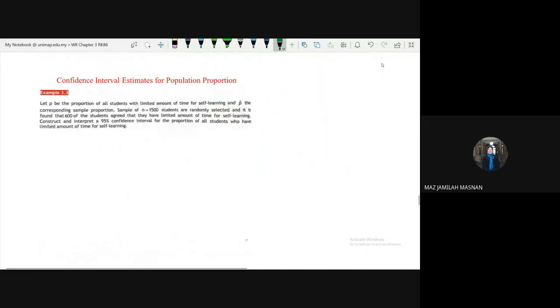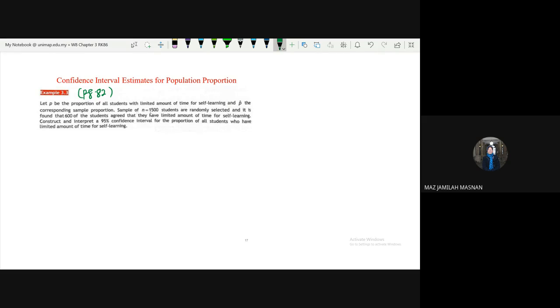Now let us look at the first example. The first example on page 3.3 is on page 82. Let p be the proportion of all students with limited amount of time for self-learning, and p hat the corresponding sample proportion.